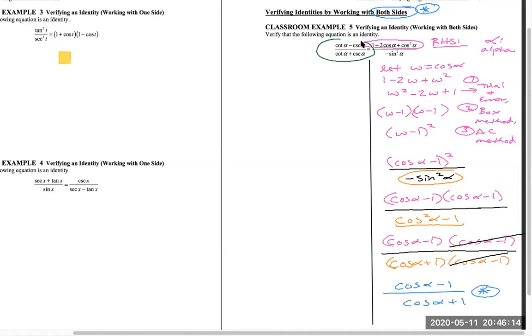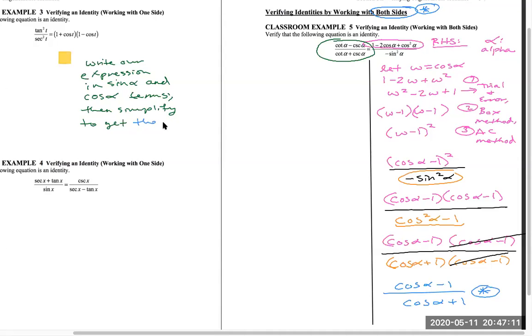So for this, we're actually going to write our expression in sine alpha and cosine alpha terms, then simplify to get the expression in blue.